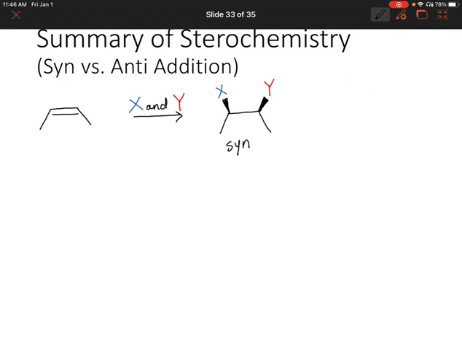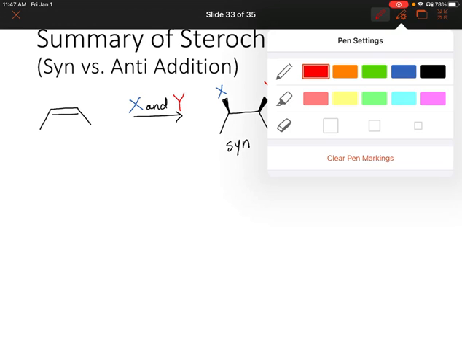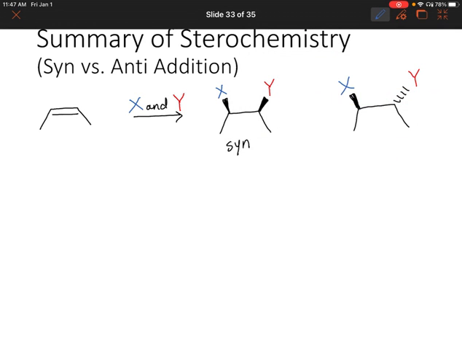And let's say we also have the situation where they add anti to each other. So I'll just draw one as a wedge and one as a dash. Okay, so that's our anti-addition situation there.